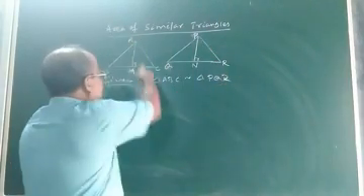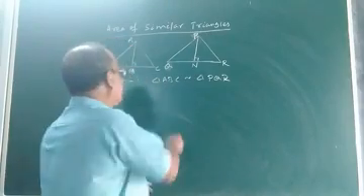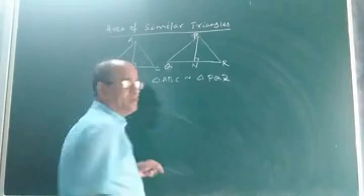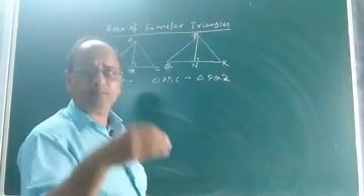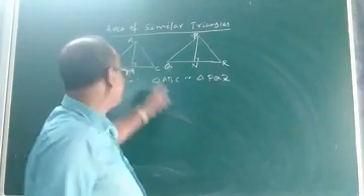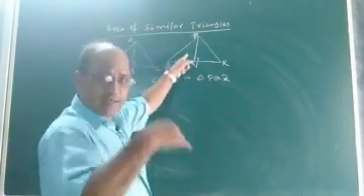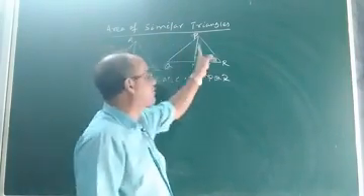That means if ABC and PQR are two similar triangles, then area of triangle ABC divided by area of triangle PQR is equal to AB square by PQ square, and it is again equal to BC square by QR square, and it is again equal to AC square by PR square.